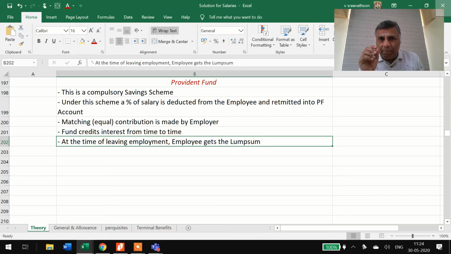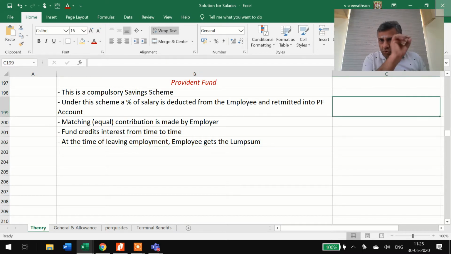Friends, please take your time to understand, but how I want you to write in your notebook is there will be four columns: particulars, statutory provident fund, recognized provident fund, unrecognized provident fund.